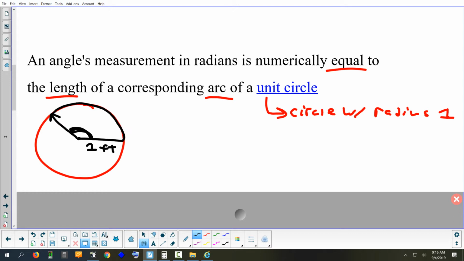Then you bring it over to a ruler and you measure it and you see what you get. The length of this arc measured by your ruler and the measure of that angle by your protractor would be exactly the same number. They come out exactly the same. That doesn't happen on every circle. That only happens on this kind of circle, a unit circle.